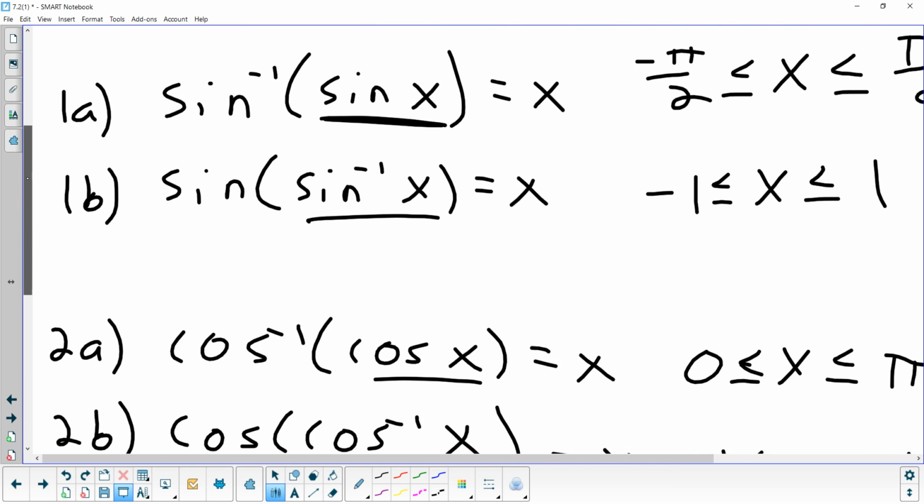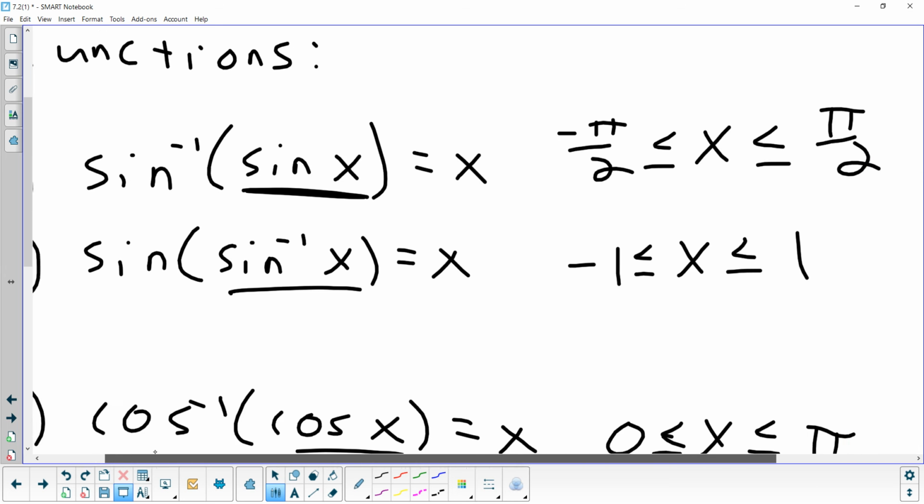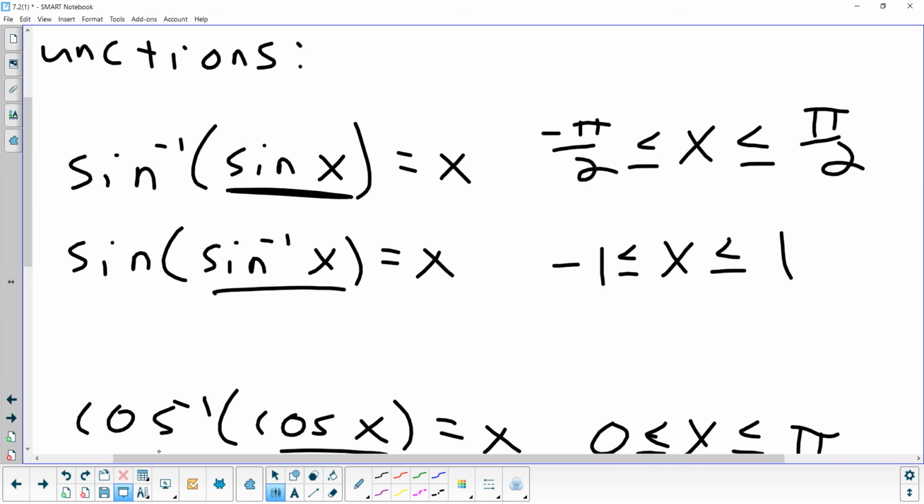So is it the same as that one right there? -pi/2 to pi/2?